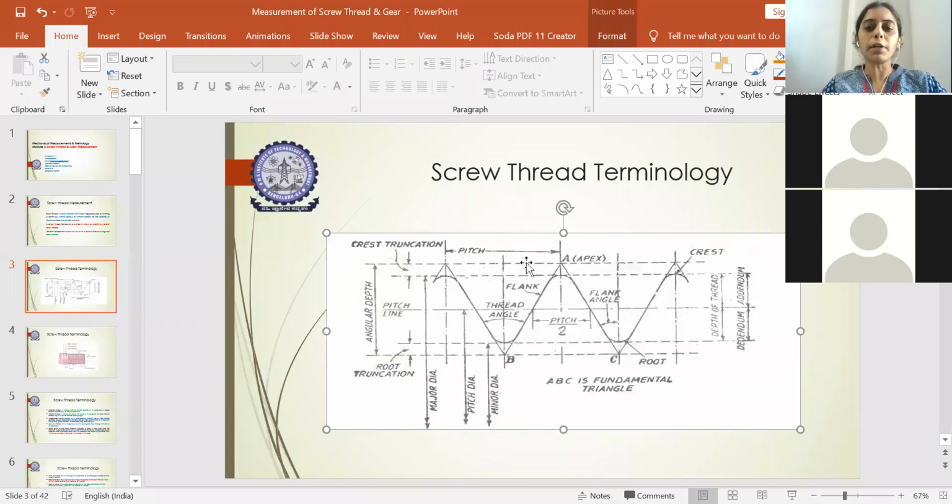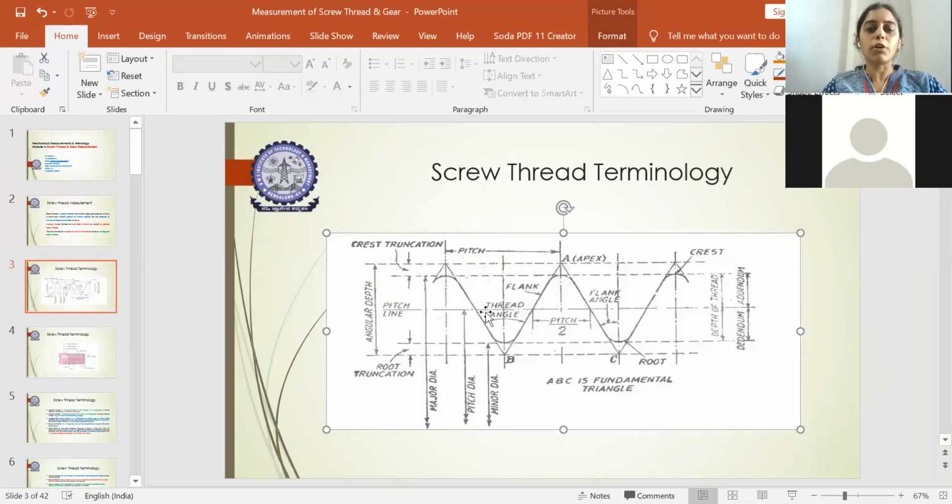The top point of the helical grooves is called the crest, and the bottom part of the helical grooves is called the root. The straight edges which connect the crest to the root are called the flanks. The angle made by the two flanks connecting at a particular point called the root is called the thread angle.